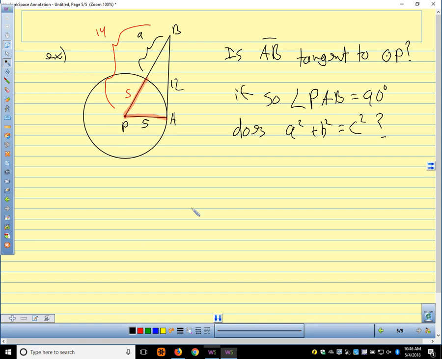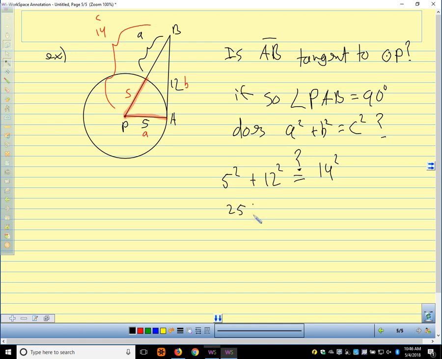So what we're trying to figure out here, if I label my sides, that would be A, that would be B, that 14 would be C. That's the longest side. So we want to see if 5 squared plus 12 squared equals 14 squared.